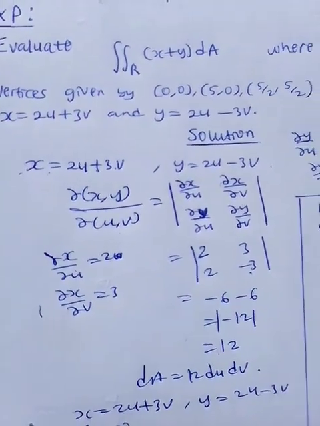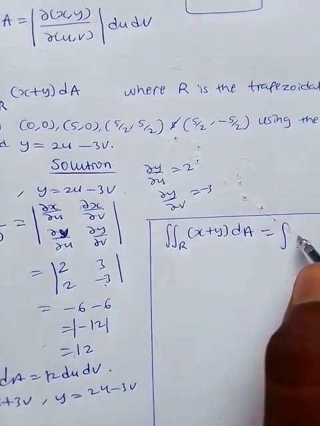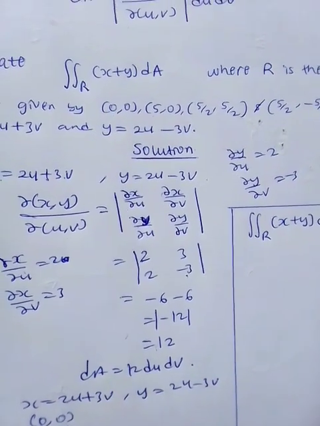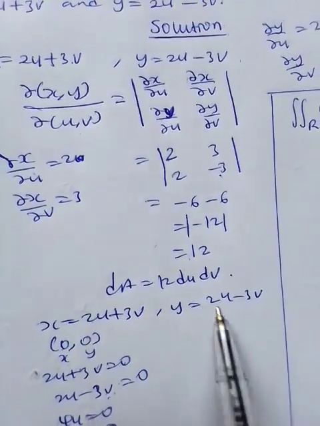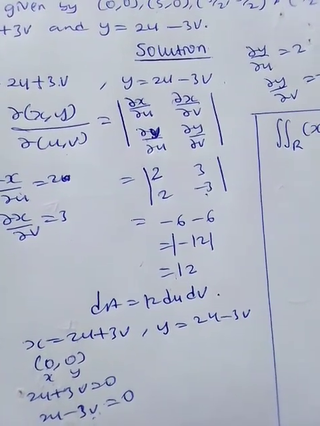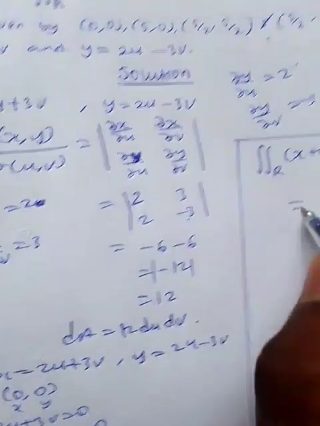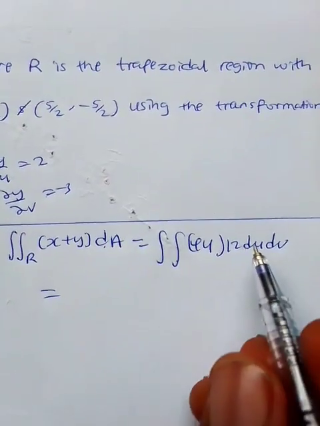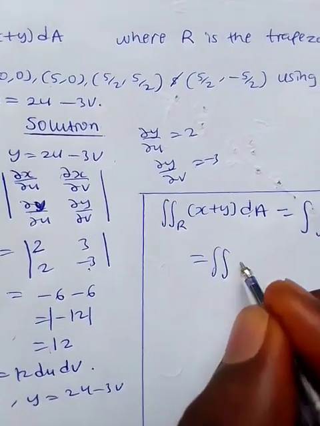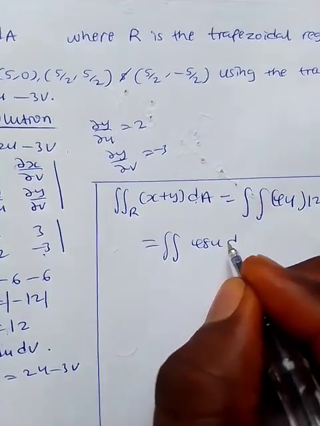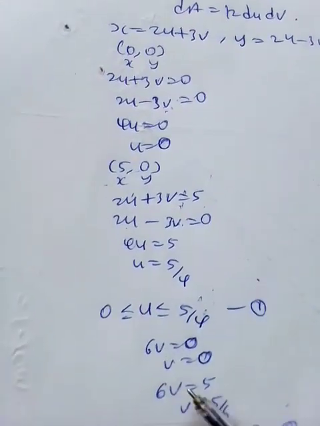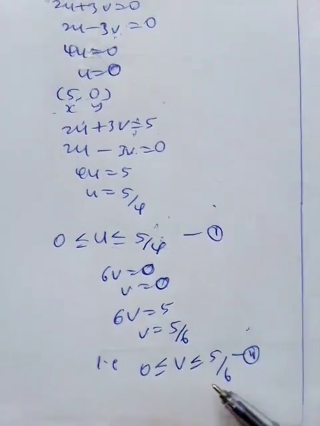So we have the double integral of 4u, and our dA, which is 12 du dv. When we multiply it together, we have the double integral of 48u du dv.